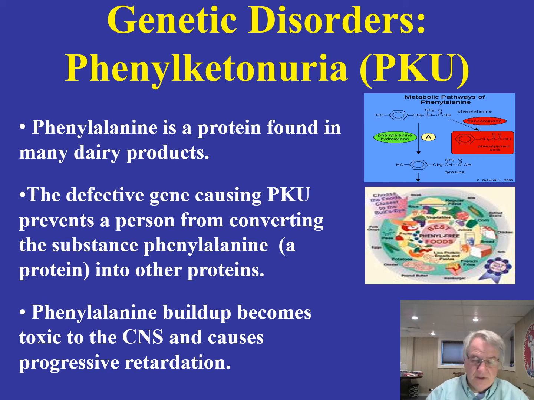I mean, this is really a great example of what we call a gene-environment interaction. You can short circuit the effects of a particular gene by modifying the environment. In this case, the modification of the environment is by way of diet.